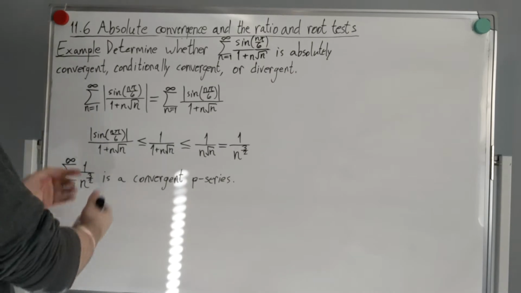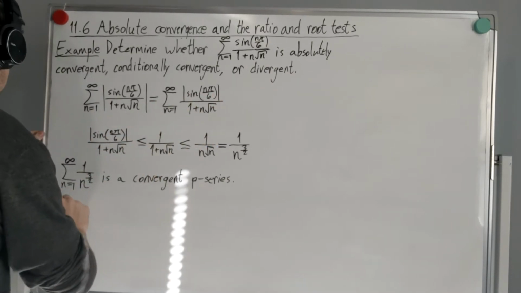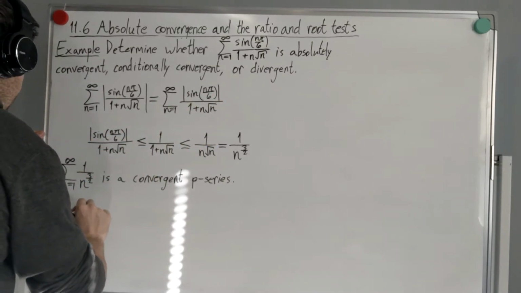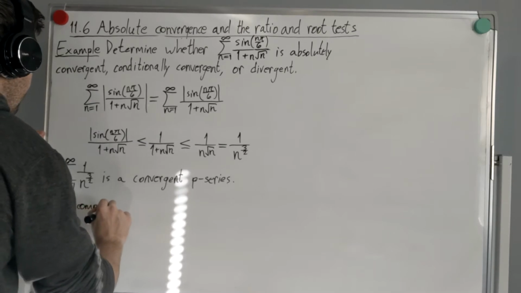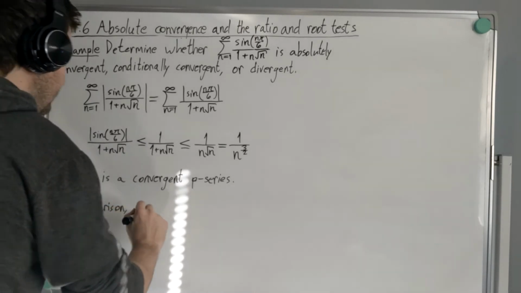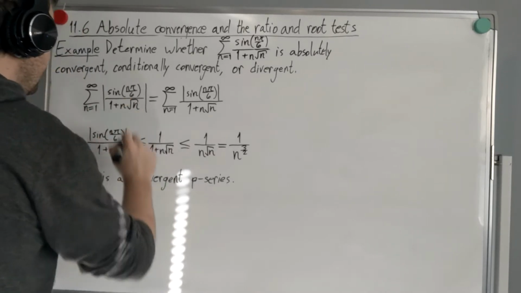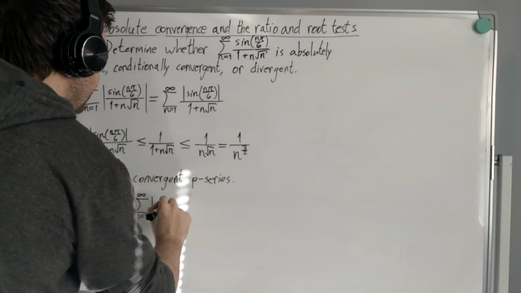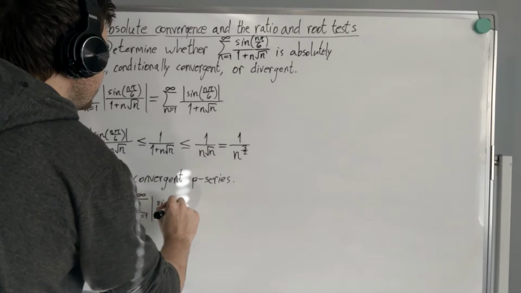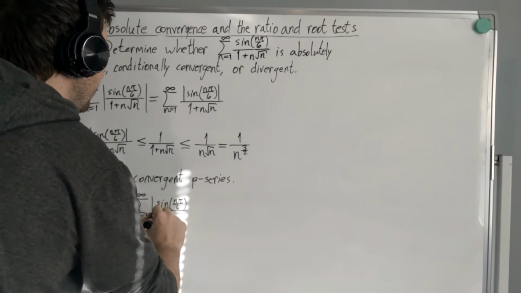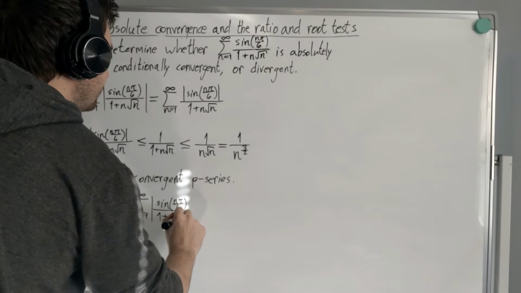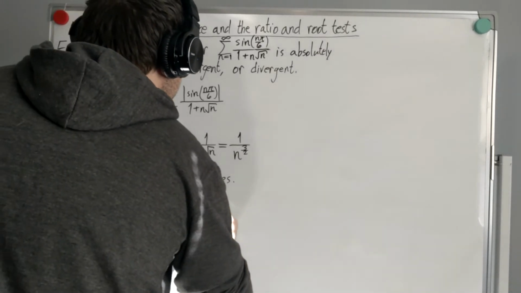And then, again, by comparison, that means that the sum from n equals 1 to infinity of the absolute value of the sine of n pi over 6 over 1 plus n root n is convergent.